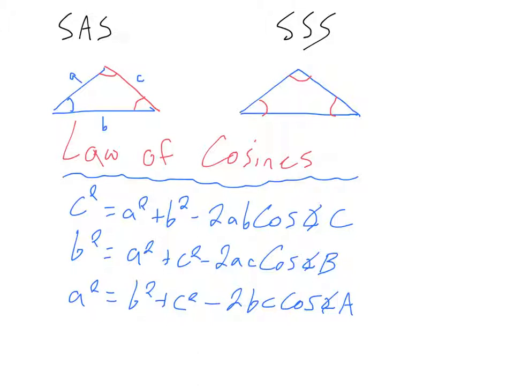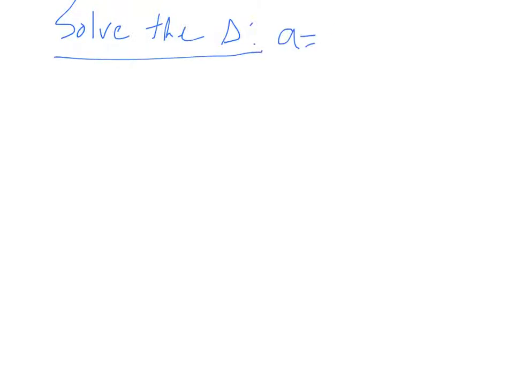So let's look at an example. Let's solve the following triangle. Solve the triangle if A is equal to 2, B is equal to 3, and C is equal to 60 degrees. I'll draw the diagram, and then I'm going to have you plug into the formula and see how you do.